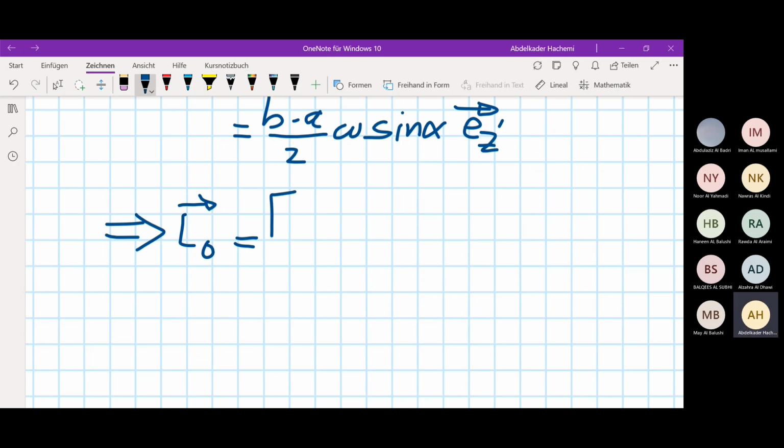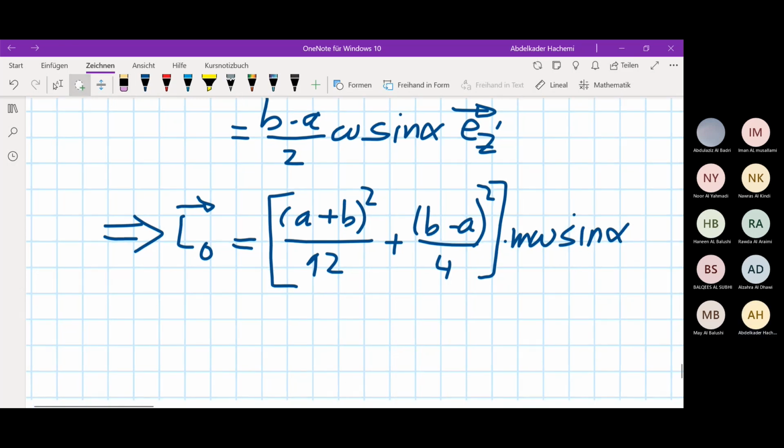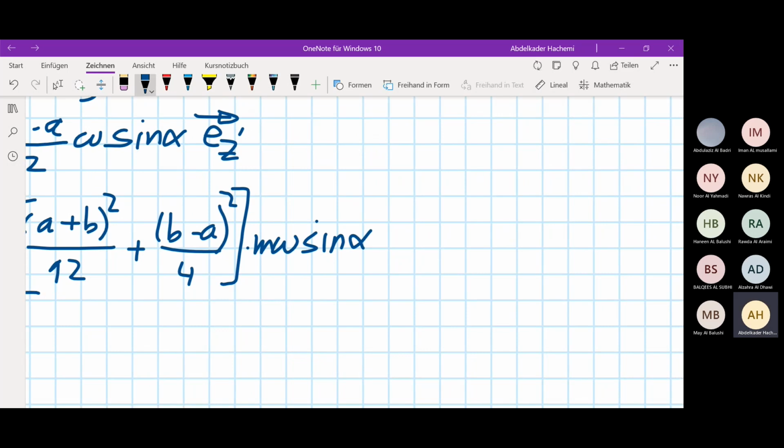Then we will get here a plus b square divided by 12 plus b minus a divided by 4 here square multiplied by m omega sine alpha multiplied by sine alpha minus cosine alpha and 0.